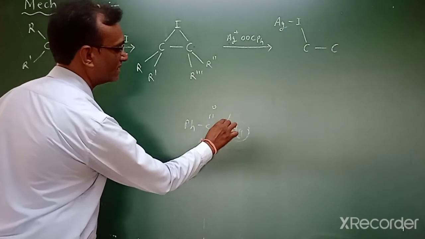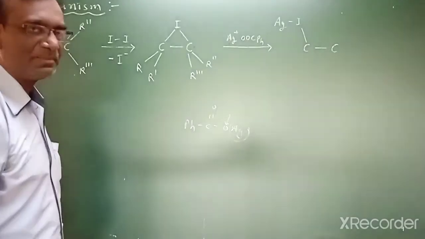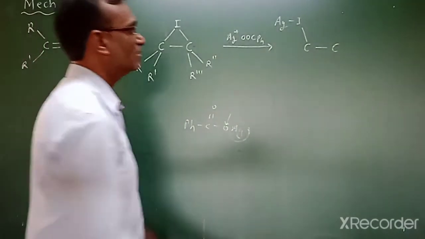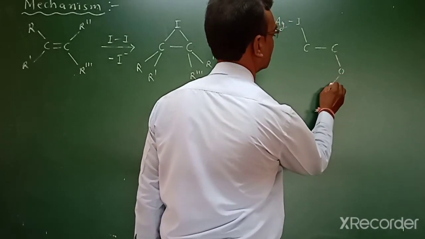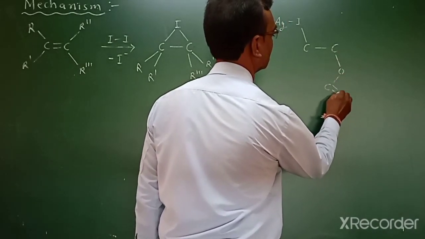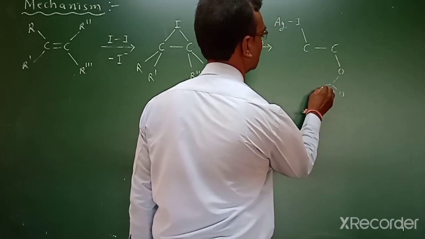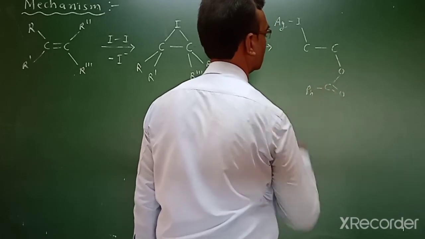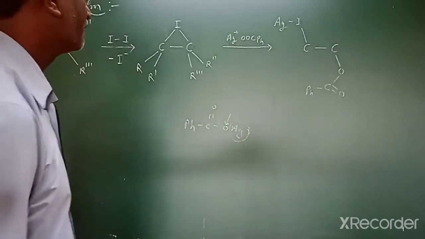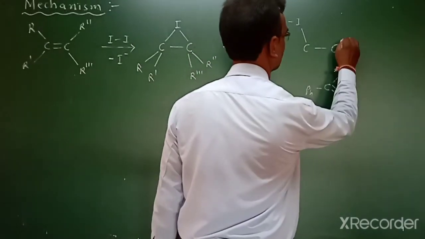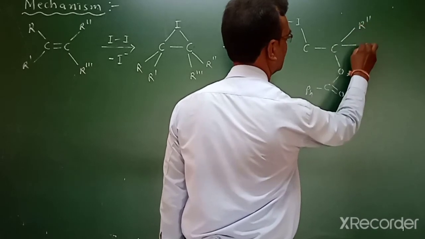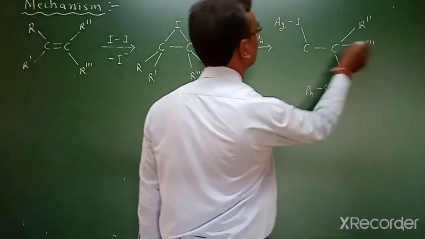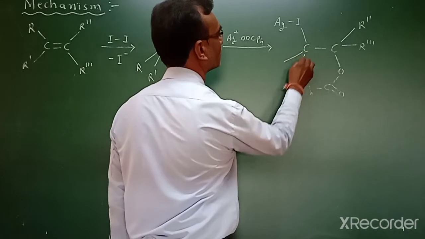So this oxygen, with the help of its lone pair of electrons, gets bonded to this one, like this. And the alkyl groups remain in their positions like this.